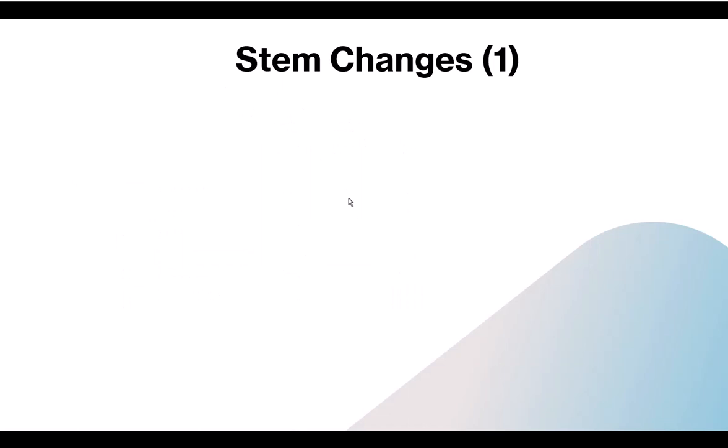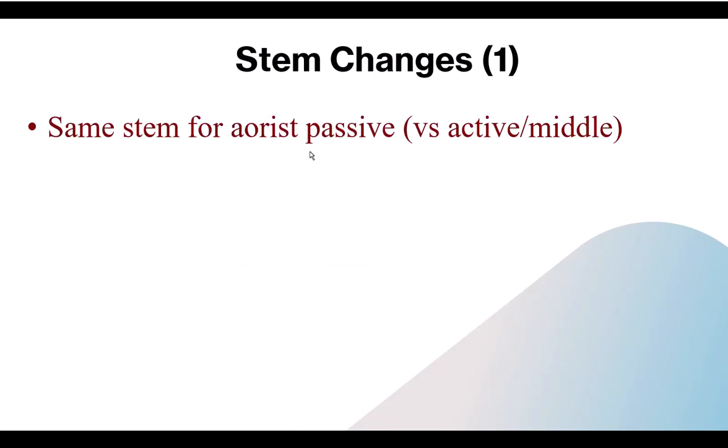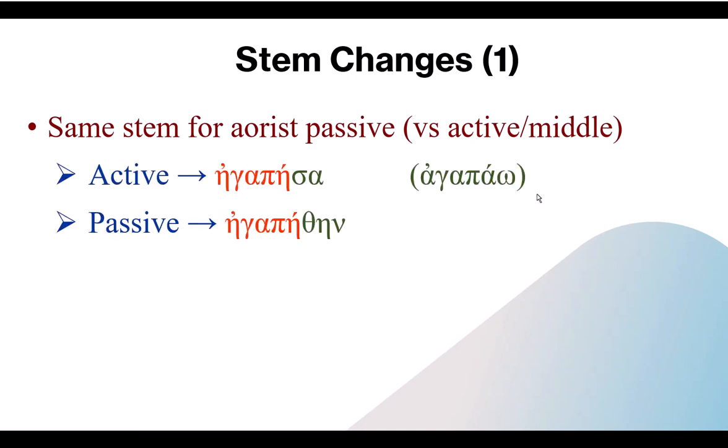Let's look at some possible stem changes that can occur between the aorist passive as compared with the active or the middle. So in some cases, the stem is the same. So we have agapesa. So the stem here is agapa, or agape. The alpha in agapao lengthens before the ending. The passive is agapethane.